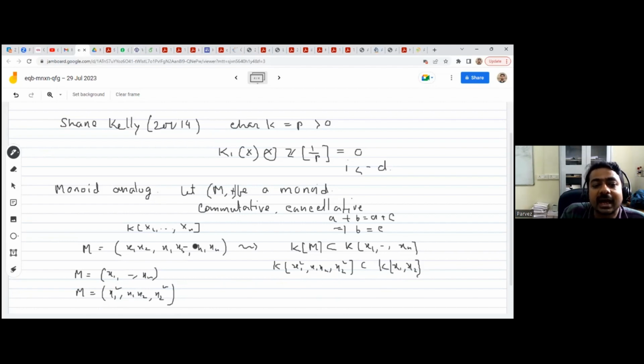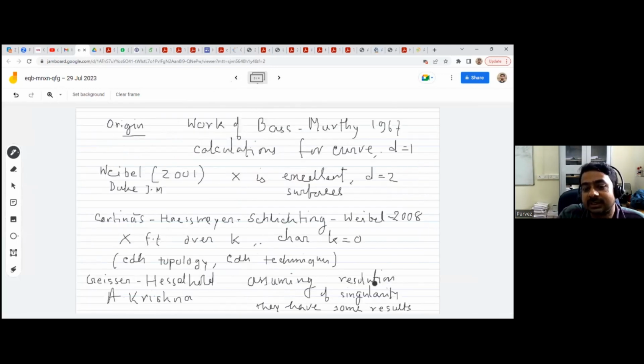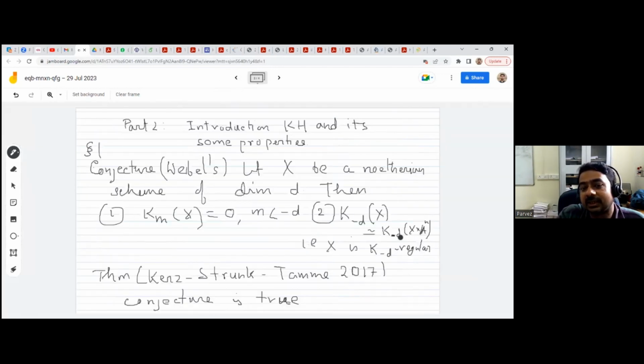Okay. So then we ask. Instead of crossing with A^n, I want to cross with a monoid M. So A^n means the free monoid generated by x1 to xn. But instead of that, I want to cross with any monomials.